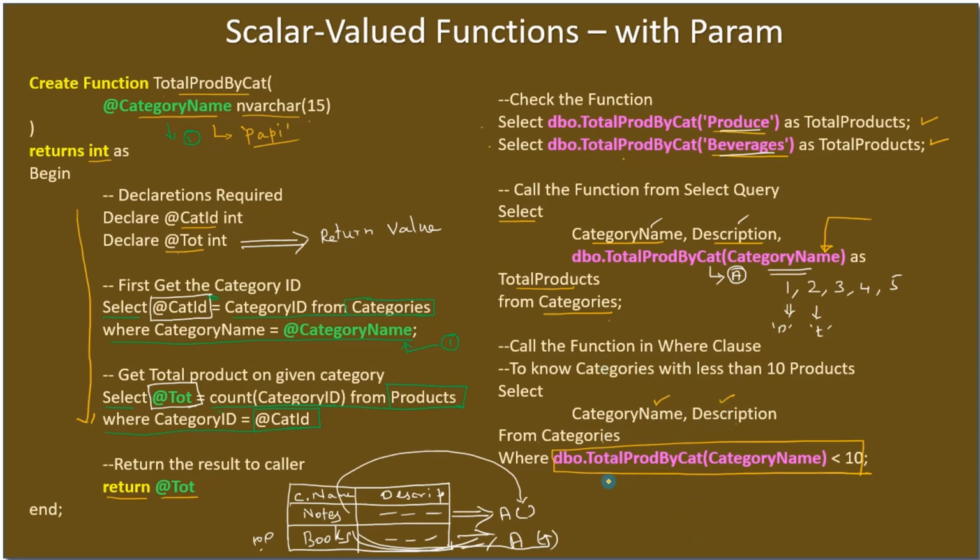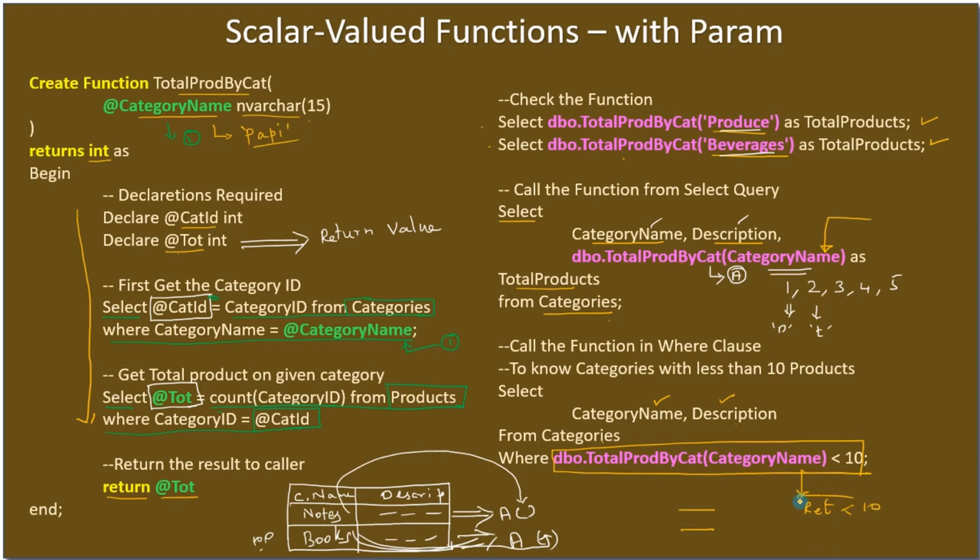That means since here we are using the function in the where condition, the total number of products is evaluated, and if it is less than 10, only those records will be displayed, because the function is used in the where condition, right? The function return value is used to form the condition.